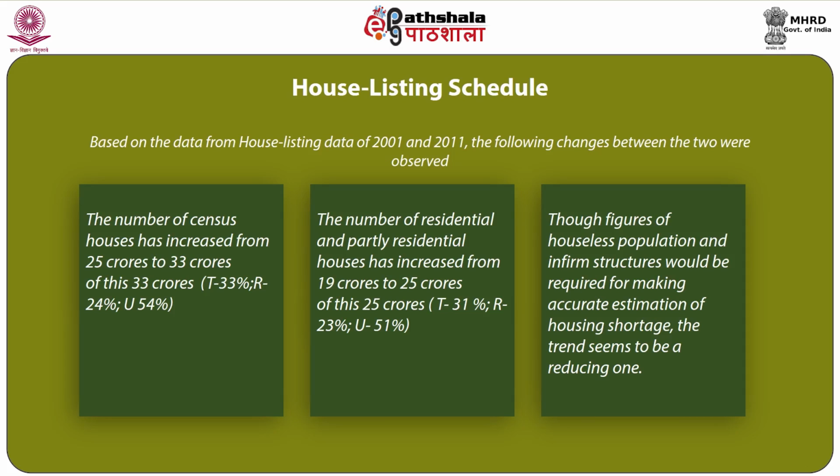Of this 25 crores, which accounts for a total of 31% of the total households, rural households are 23% and urban households are 51%. Though figures of houseless population and infirm structures would be required for making an accurate estimation of housing shortage, the trend seems to be a reducing one.